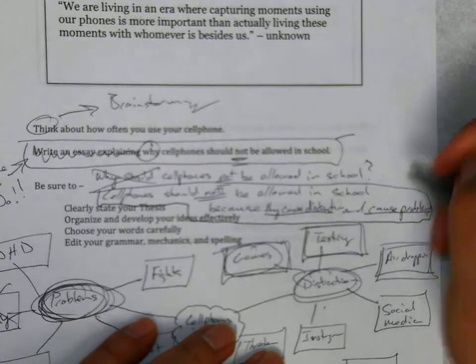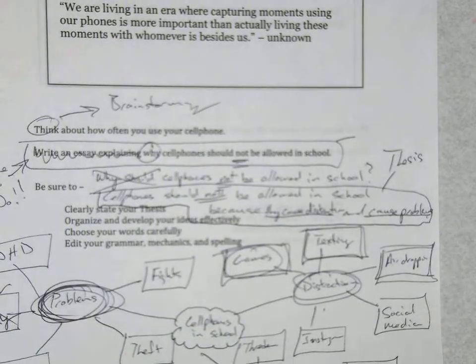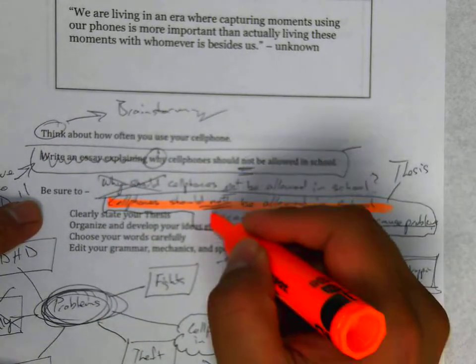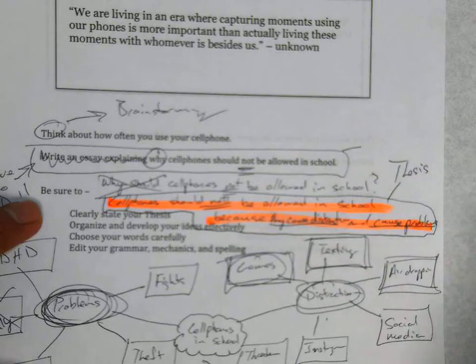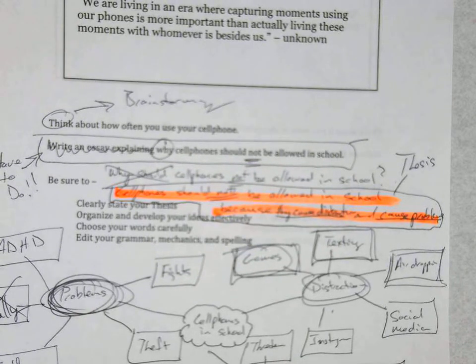This is called my thesis. All right. So cell phones should not be allowed in school because they cause distractions and they cause problems. Boom. That's it. That's step one. Because once you know what you're writing about, the rest of it comes easy. All right. So this is step one. I'm going to go ahead and make a switch, and then I'll show you step two.